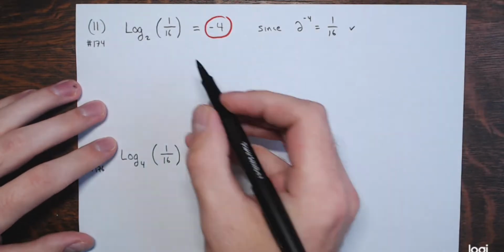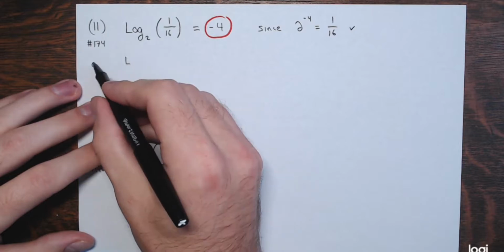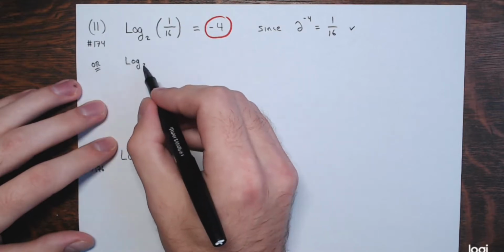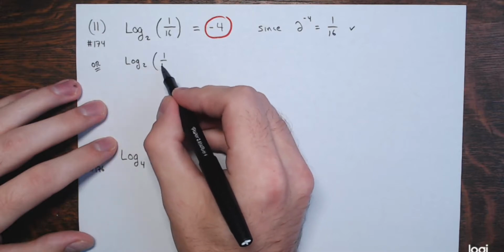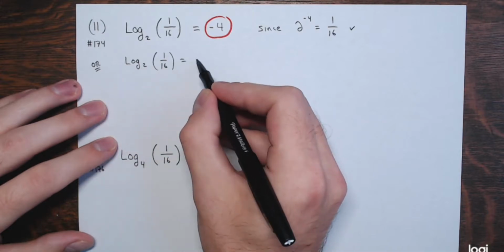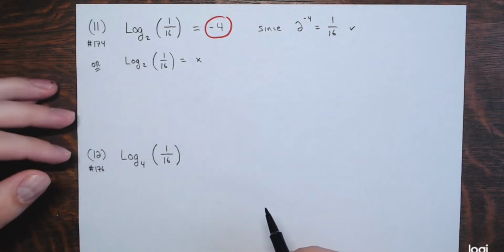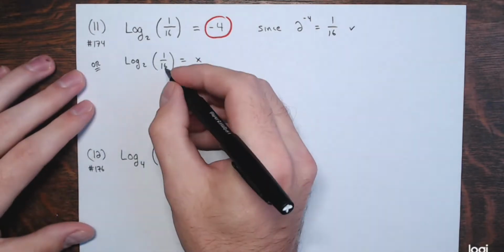But once again, say you didn't recognize that. You have the log base 2 of 1/16, and you're trying to find this, so I call it x, or whatever you want, x, y, z. I change to exponential form.